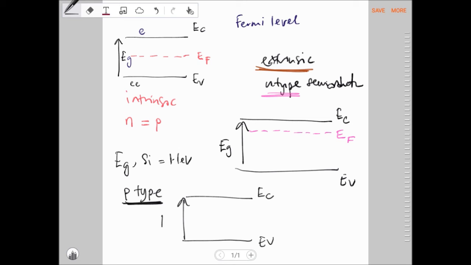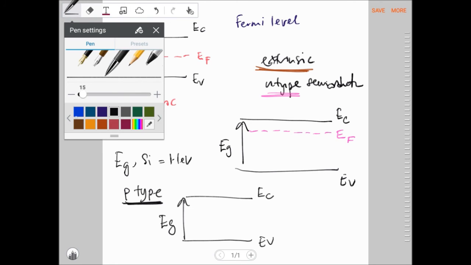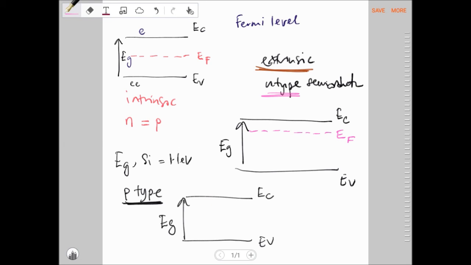Again, if it's silicon, it has the same band gap, so the height of the energy should be the same. For P-type, you have a lot of free holes. The free holes are in the valence band, hence the Fermi level should be closer to the valence band.